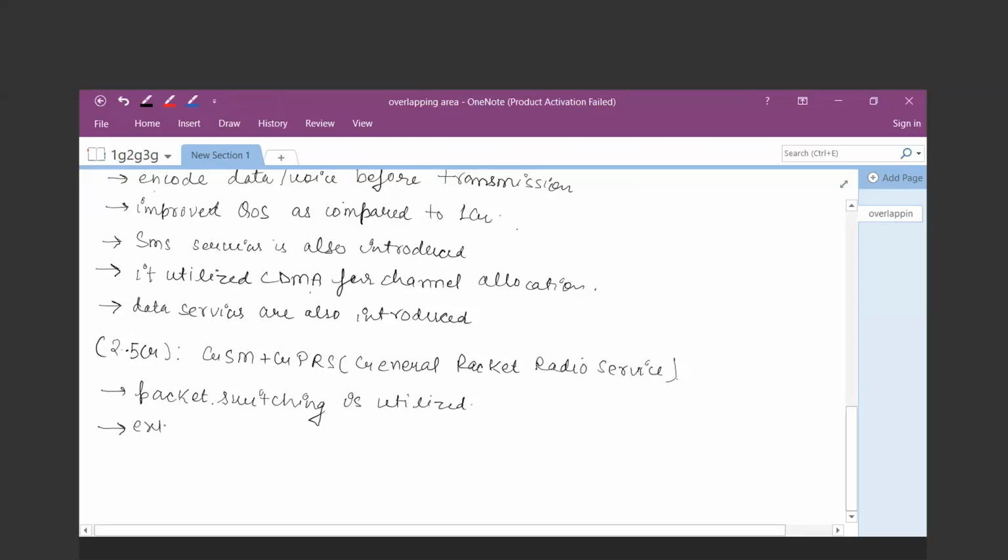So it is an extension of GSM and fast as compared to GSM.